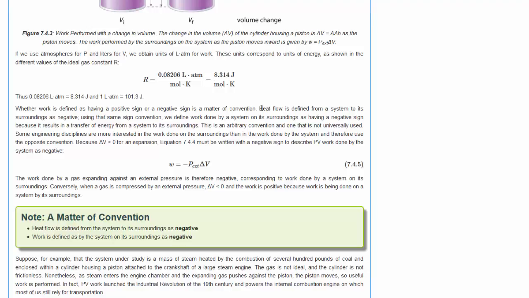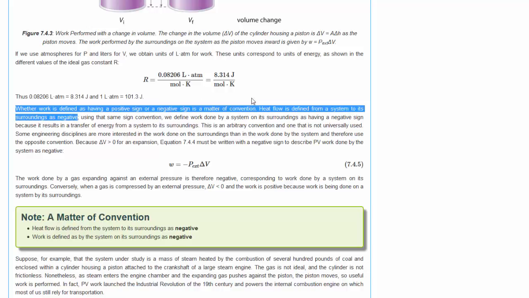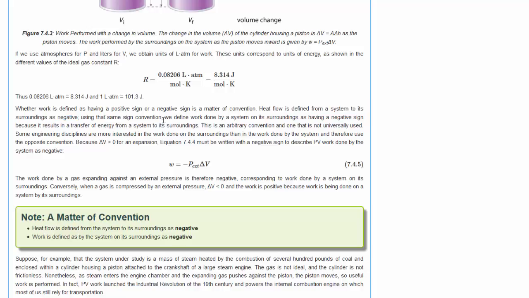Heat flow from a system to its surroundings is defined as negative, i.e., exothermic is a negative Q. Using that same sign convention, we define work done by the system on its surroundings as having a negative sign because it results in a transfer of energy from the system to the surroundings.